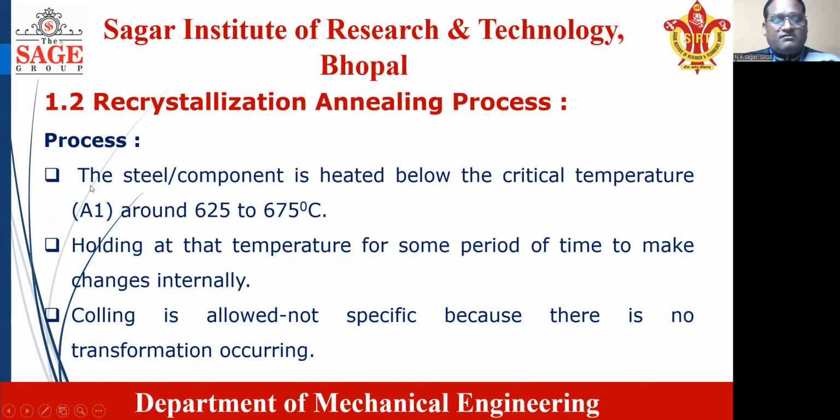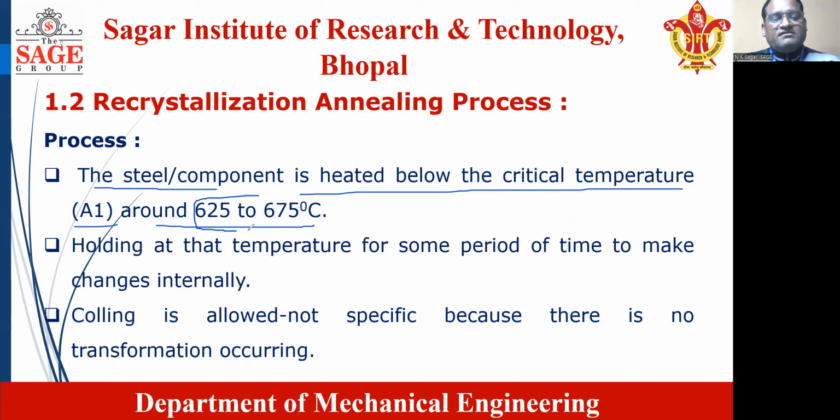Yes. Now the process. Under the process, the stages are common: heating, soaking, and cooling. The steel component is heated below the critical temperature, that is A1, and this temperature is around 625 to 675 degree Celsius.